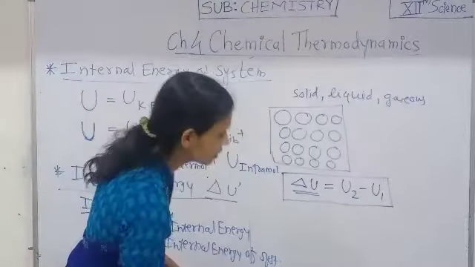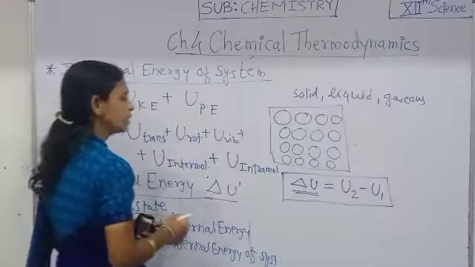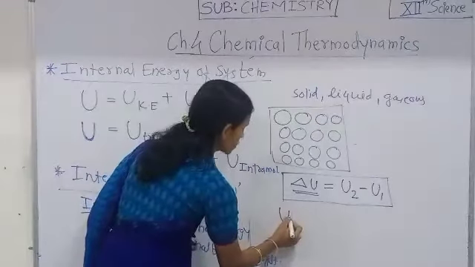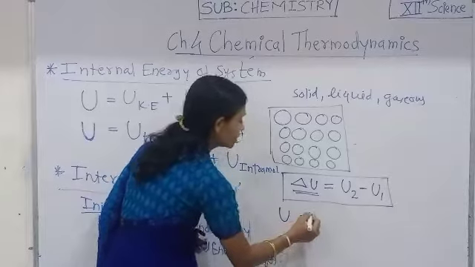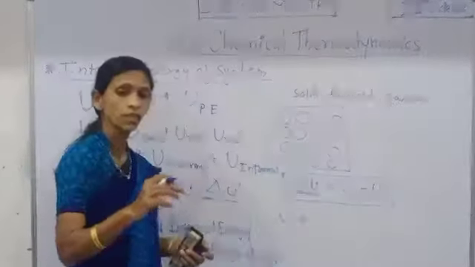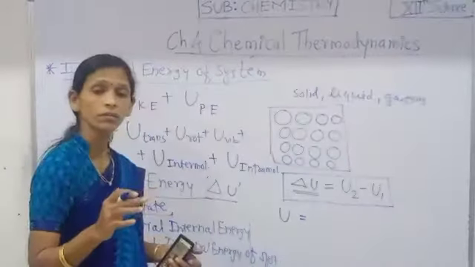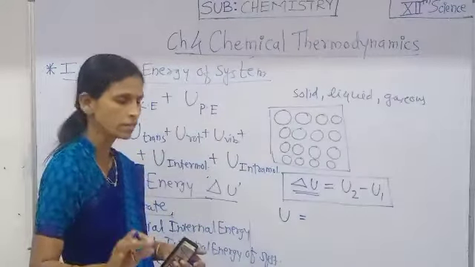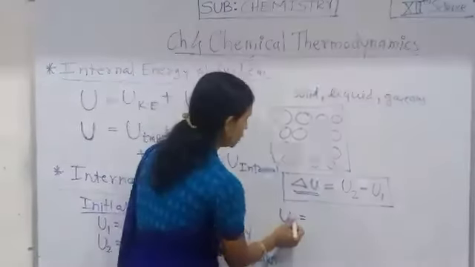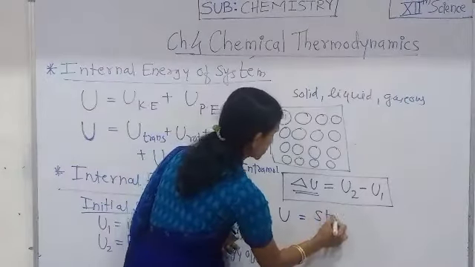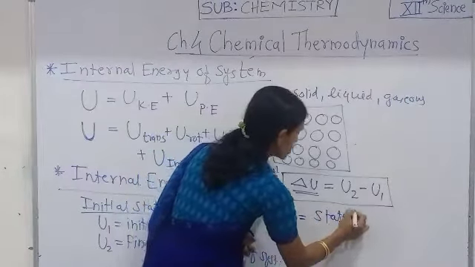See here, internal energy is a state function, because it depends upon the state of the system and not on the path followed by the system. Therefore U, the internal energy, is a state function.